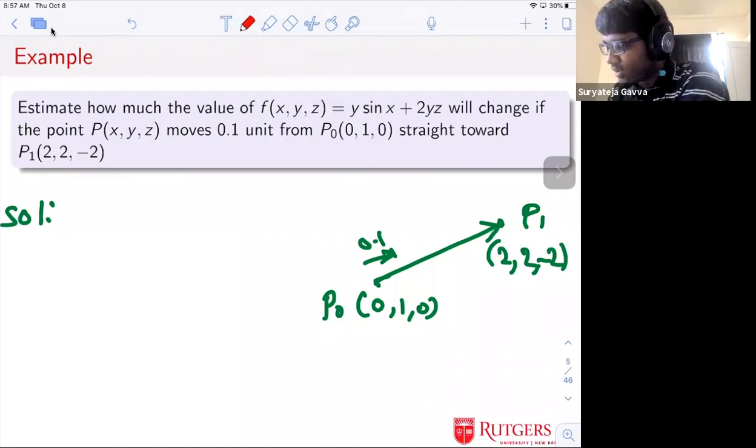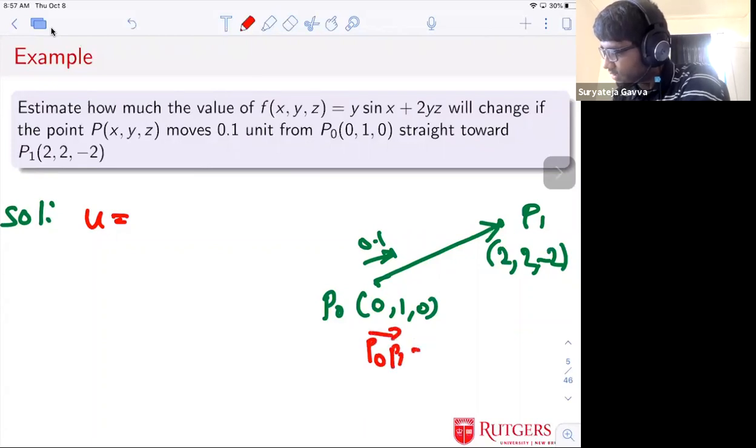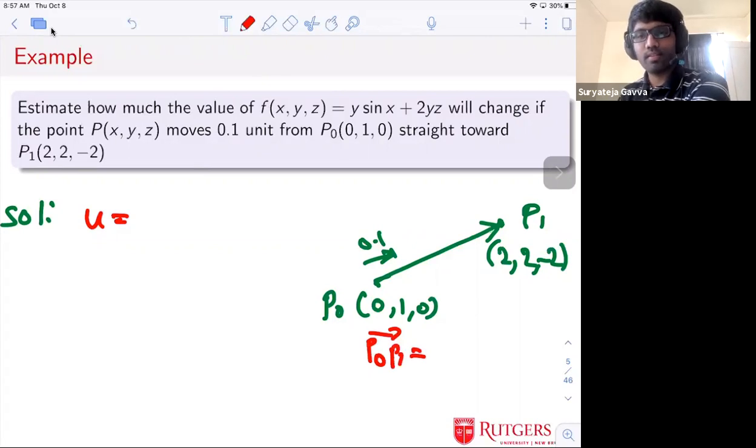Can you tell me what u is? u is this vector. So from P0 to P1, what is the total vector? Just subtract the coordinates: it's 2, 1, and negative 2.